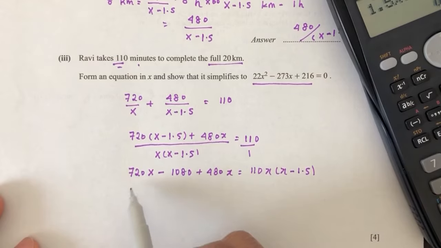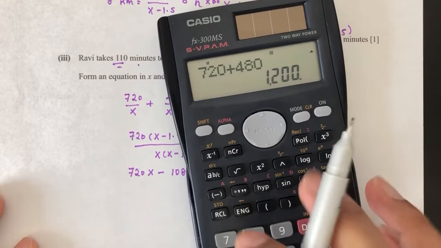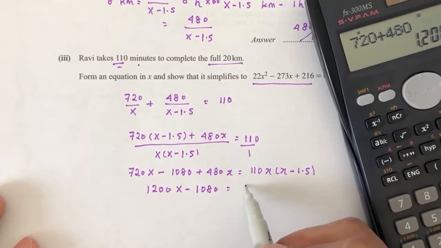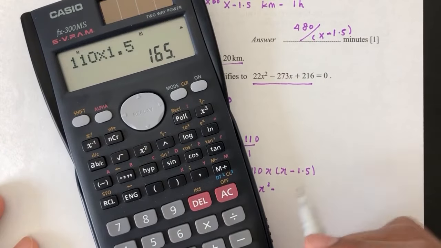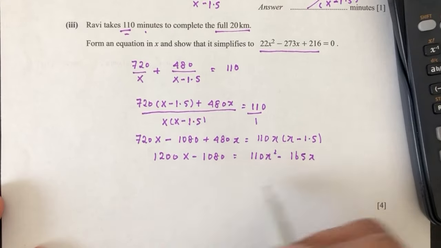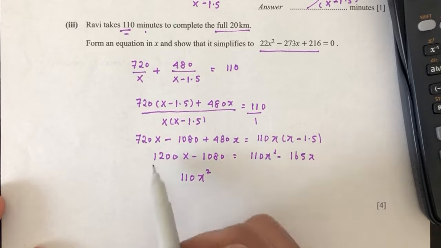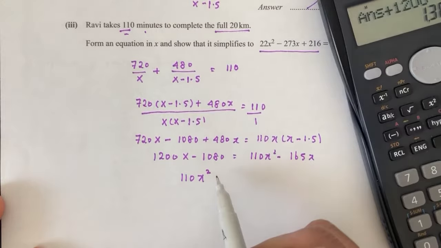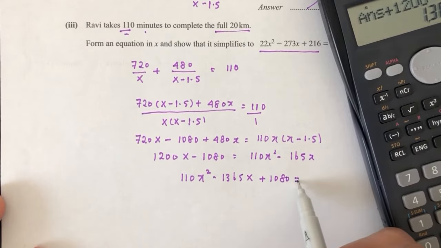Simplify. This will be what? 720 plus 480 is 1200x minus 1080 equals 110x squared minus 110 times 1.5, which will be 165x. So now let's simplify. Let's bring this over here. We will have 110x squared, minus 165 minus 1200, that will be minus 1365x plus 1080 equal to 0.